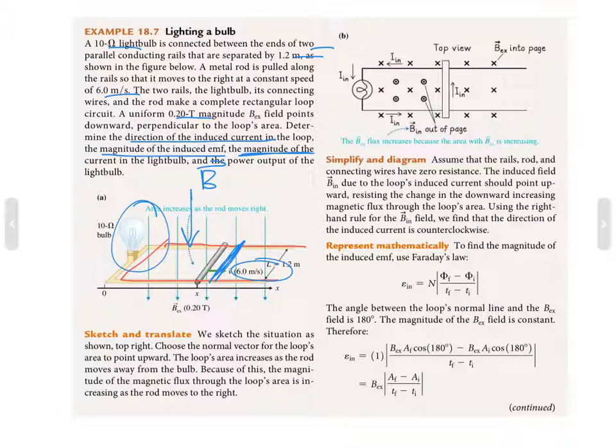As you can see here in the sketch up at the top right, the external B field is into the page. So as you slide this bar to the right, the number of B field lines, the flux, is changing; it's increasing down into the page. Lenz's law says the current that's going to result wants to oppose that change. I always think of it as whatever B field lines are going through the loop initially, the loop doesn't want that to change.